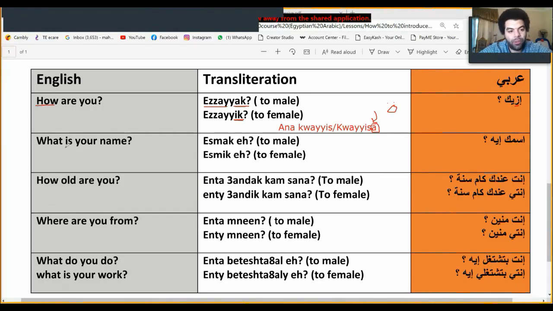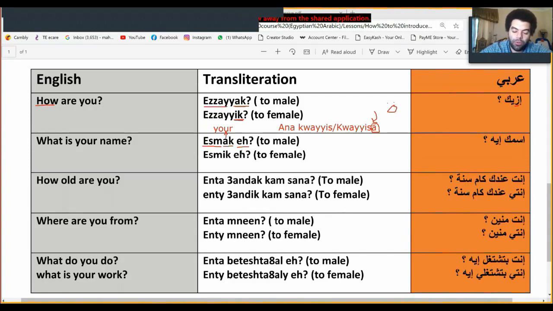Now the next question, what is your name? Let's see. اسمك إيه? So here we learned something new and we saw something old. The word ism means name from the very beginning, remember? And then ek. This ek means your. And you're speaking to a male, okay? There. So ismak e. And the word e means what, okay?